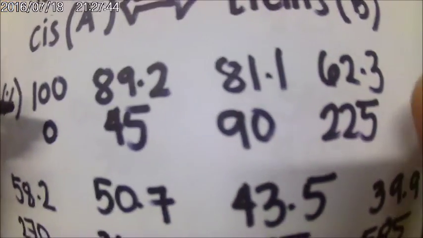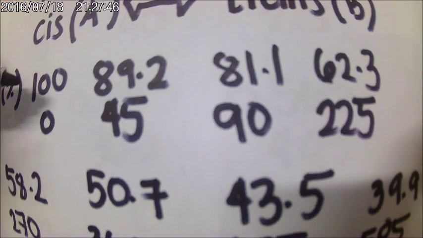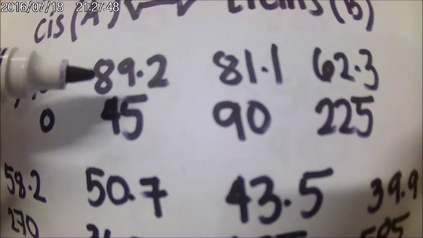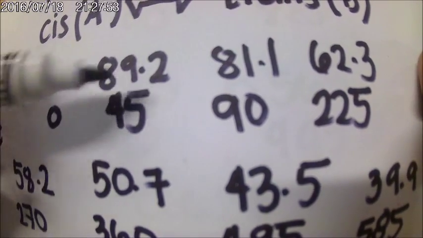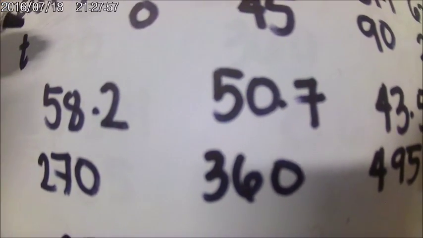These percent values represent the cis remaining after how many seconds.